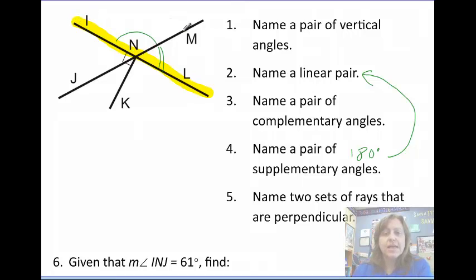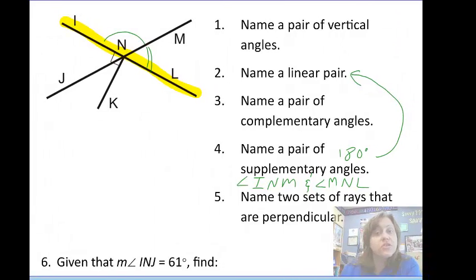Angle INM with angle MNL. Now there's certainly other linear pairs in here, and for each of these there's more than one answer. So you need to test yourself. Can you see if you've got more, or can you name more of the same type of angle?